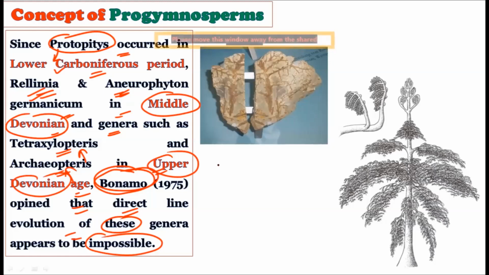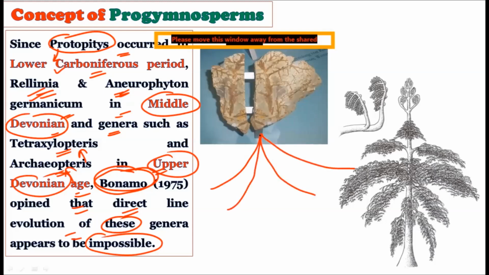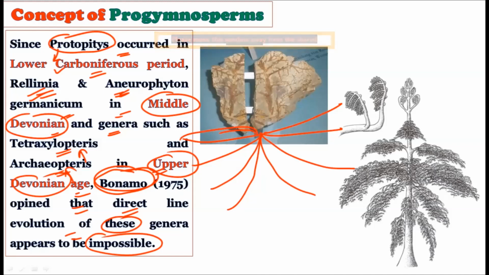So if all these plants occurred in different ages, then a common line is impossible for their evolution. There must be a polyphyletic origin. A common line is not possible, because they arose at different times, and that is why they must have arisen from different evolutionary lines.